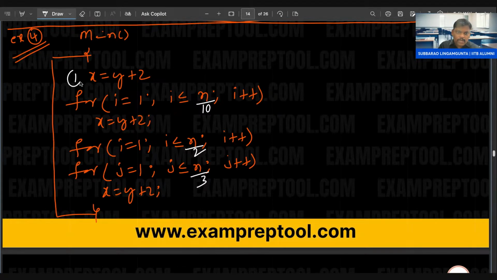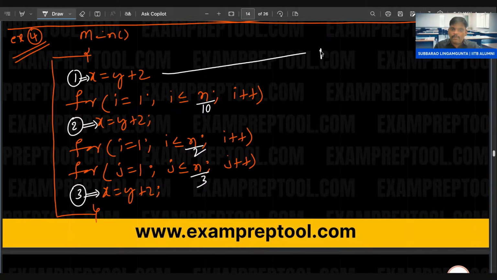First statement, order of magnitude is how much? Second statement, order of magnitude is how much? Third statement, order of magnitude is how much? First statement order of magnitude, if you see, is 1.